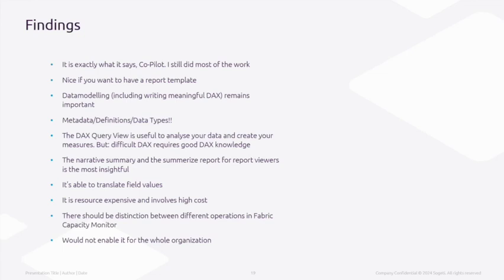Yeah, you want to see it split out by feature. Exactly. What feature in Copilot is actually costly? I think it's the DAX query view, but I'm not really sure. And I would not enable it for now for the whole organization, because it is actually very costly.